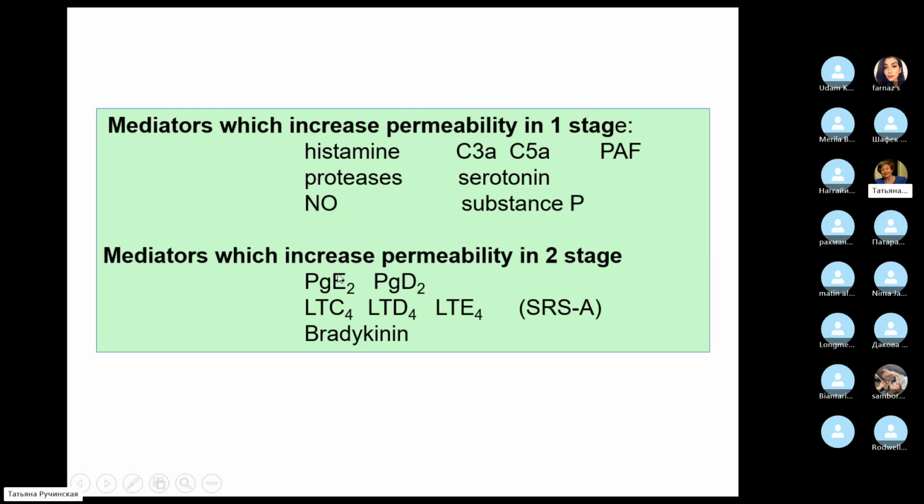Concerning the second stage, except bradykinin, all these mediators are metabolites of arachidonic acid, and their synthesis needs 2 hours. See?